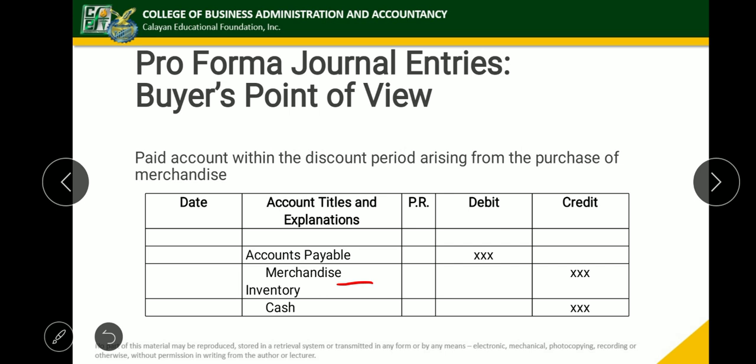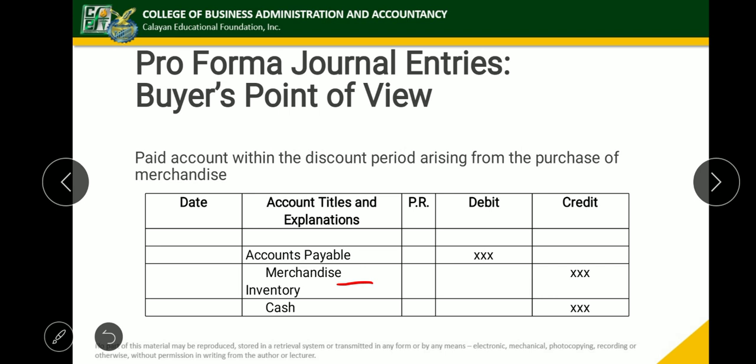Ngayon, kung yung cost niya sa atin ay bumaba because of the purchase discount na na-avail natin kay seller, kailangan natin ipakita sa record yun. Sa records natin, that's why we need to credit merchandise inventory for any purchase discounts na maa-avail natin from our seller or supplier.